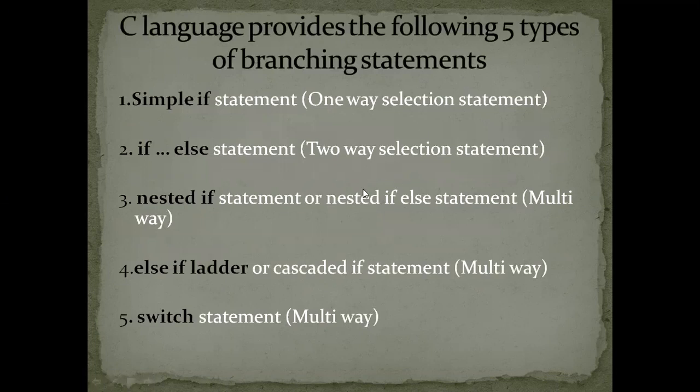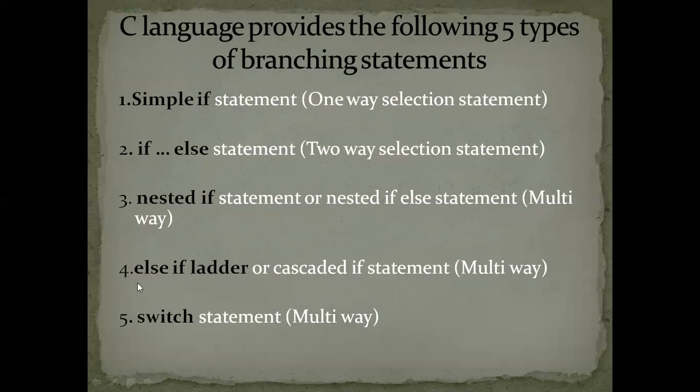C language provides the following 5 types of branching statements. The first one is the simple if statement, also called the one-way selection statement. Second is the if else statement, also called the two-way selection statement. Third is the nested if statement, or nested if else statement, which is multi-way.